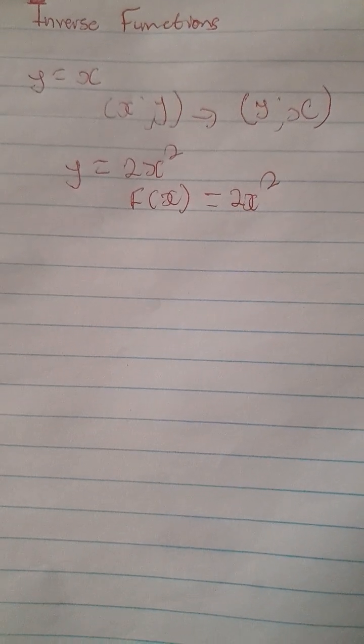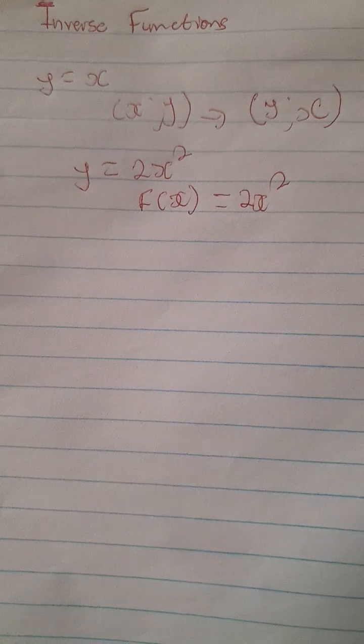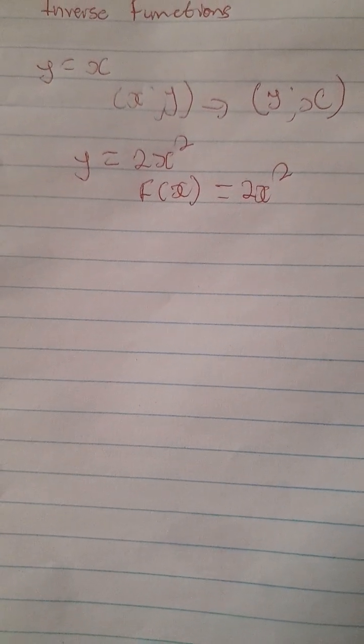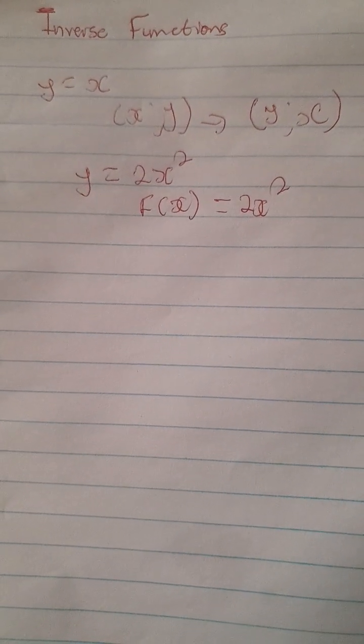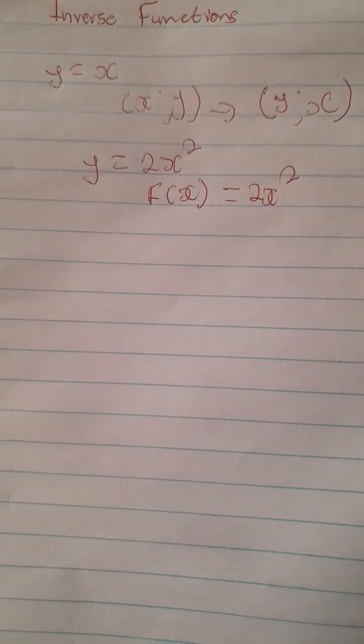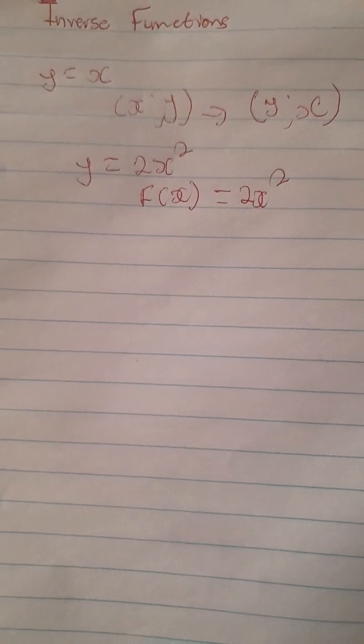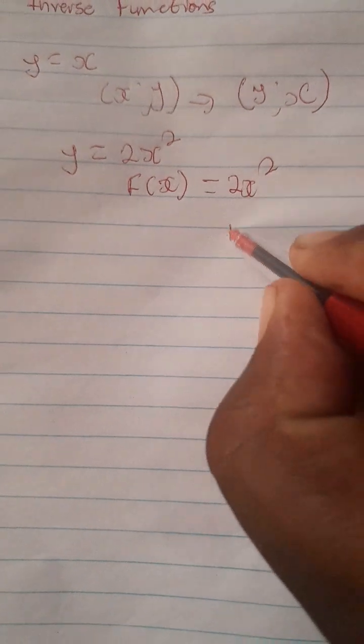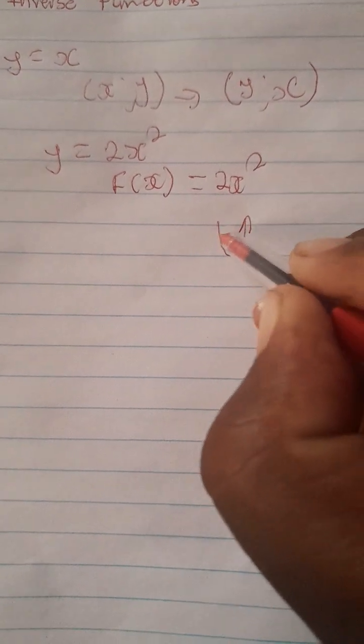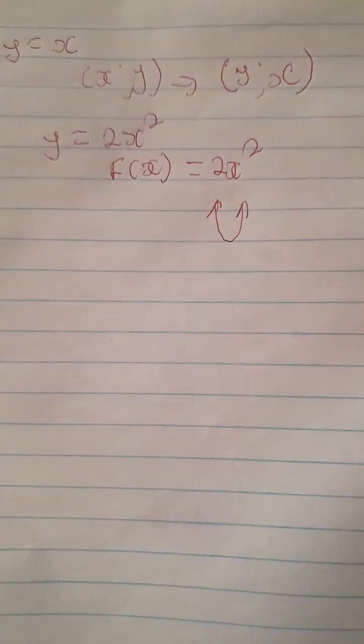Then they ask you: what type of function is f of x? In your mind, you have a sketch of a parabola like this, a happy face, since a is greater than 0.